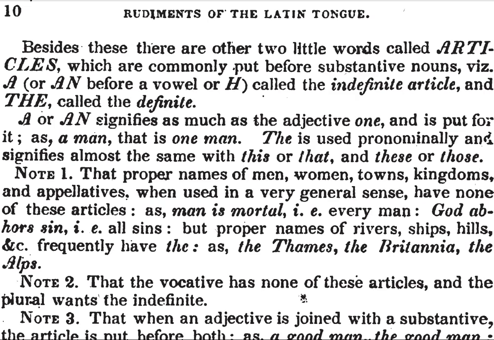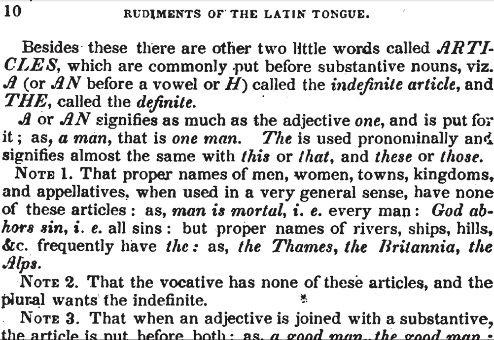Besides these, there are two little words called articles, which are commonly put before the substantive nouns, viz. a or an before a vowel or a silent h, called the indefinite article, and the, which is called the definite article.